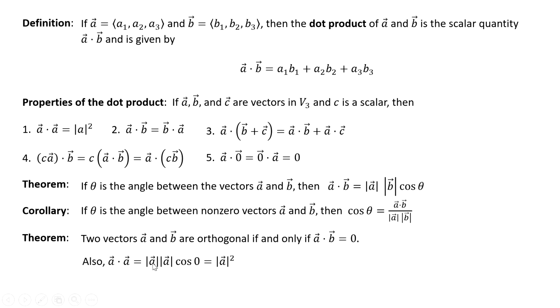But here, the two vectors are the same vector, A and A. What's the angle between vector A and vector A? 0, because one vector falls right on top of the other, or in other words, one vector is parallel to the other. A and A are parallel to each other, and so the angle between them must be 0. So we have A dot A is nothing but magnitude of A times magnitude of A times cosine of 0. Cosine of 0 is 1. Therefore, this is equal to magnitude of A, the quantity squared.